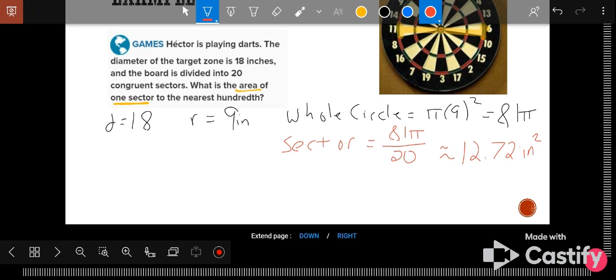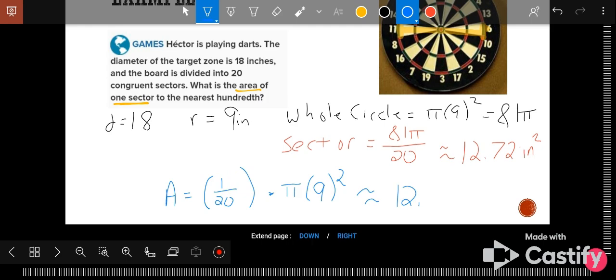Or if we want to stick to using the formula that we just learned, we would say the area of the sector, and instead of m over 360, we want one sector out of 20 equal sectors. So we're doing 1 over 20, 1/20th of the whole circle, times pi r squared. You could type it all into decimals just like that, and you would get the same 12.72 inches squared.